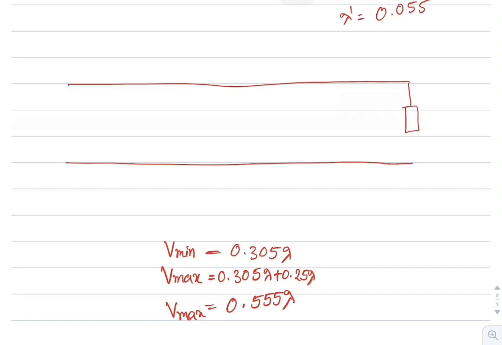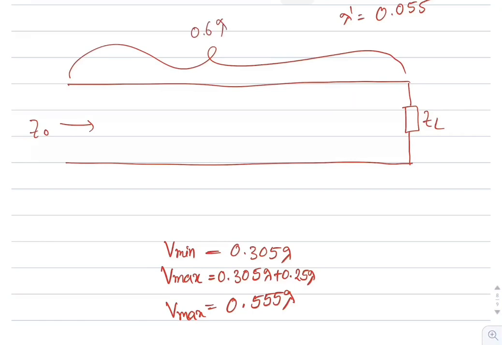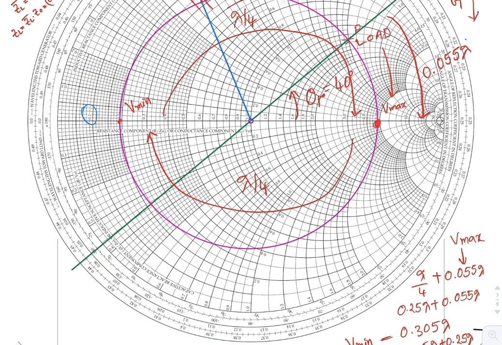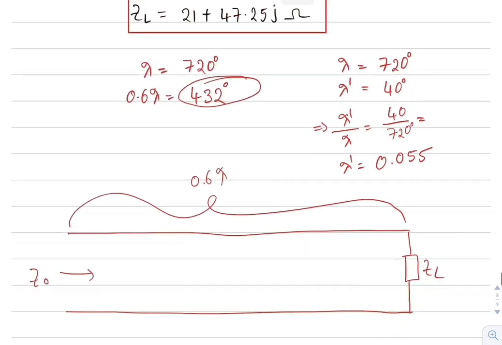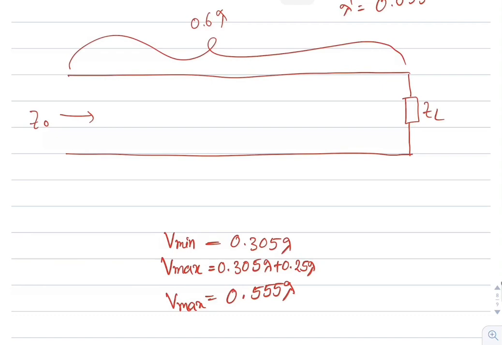If this is the transmission line, and here you have a load, this is ZL, the characteristic impedance of the transmission line is ZO, and the length of the transmission line is given as 0.6 lambda. The first maximum you will get at 0.055 lambda.